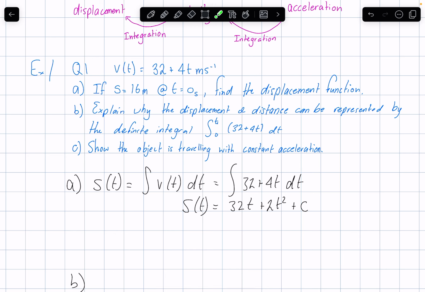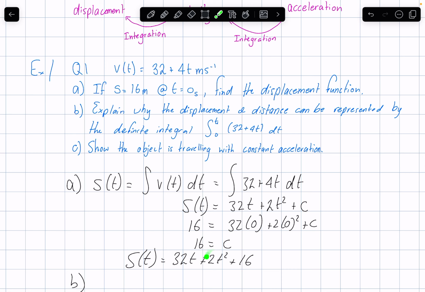But we are told at t equals 0, s equals 16. So 16 equals 32 times 0 plus 2 times 0 squared plus c. So 16 equals c, which means my final displacement function is 32t plus 2t squared plus 16.